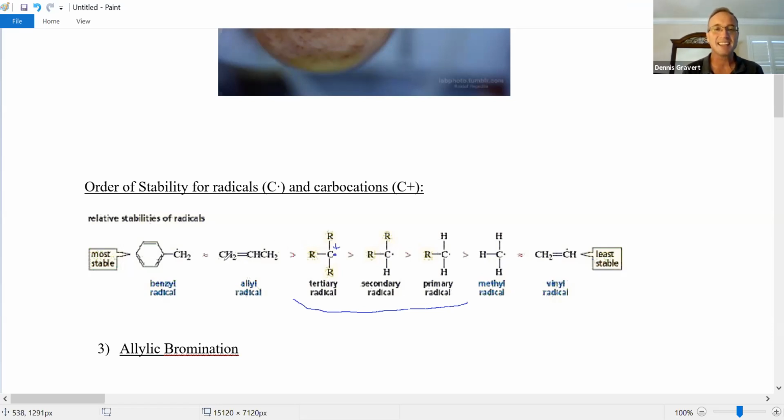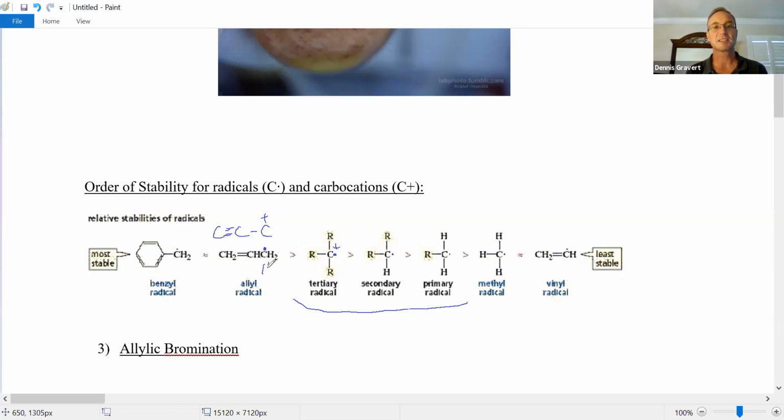We said that if you have a pi bond adjacent to that carbon with the radical or the carbocation, a carbon-carbon pi bond, or some other pi bond, you get resonance stabilization.